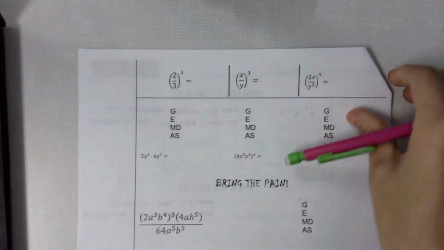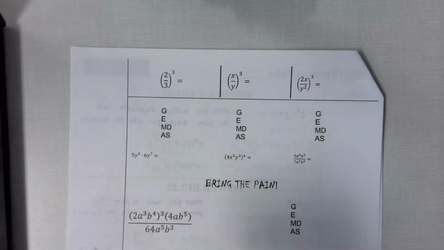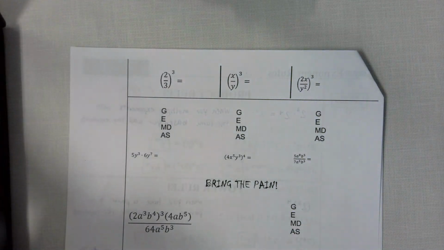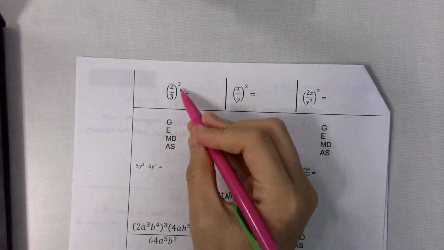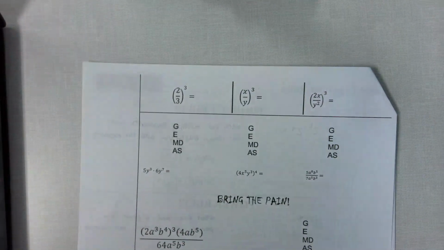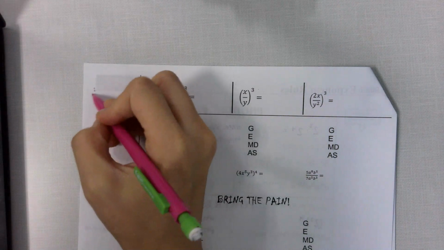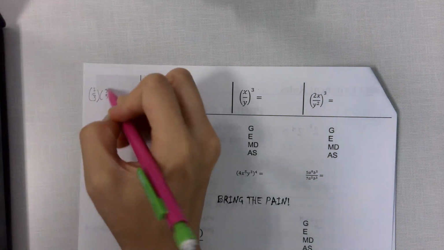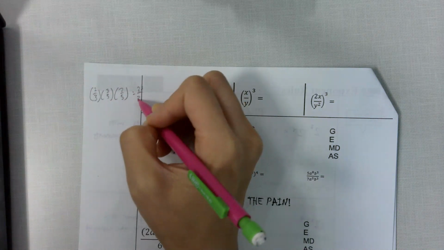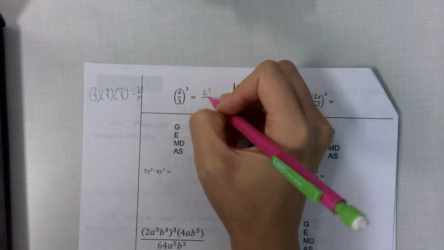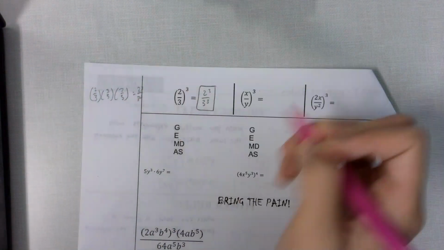Alright. So we have more quotient rule. You can think of it like if you were to do 2 over 3, 2 over 3, 2 over 3, that's the same thing as 2 to the third over 3 to the third. So we can just leave it right here in exponent version.